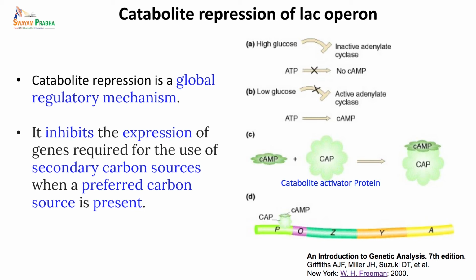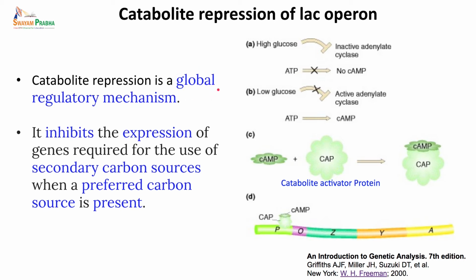but this promoter is under regulation by a mechanism called catabolite repression. So the lac operon is repressed by this catabolite repression mechanism. So what is that? Let's see that. Catabolite repression is a regulatory mechanism which is globally operated in bacterial cells.